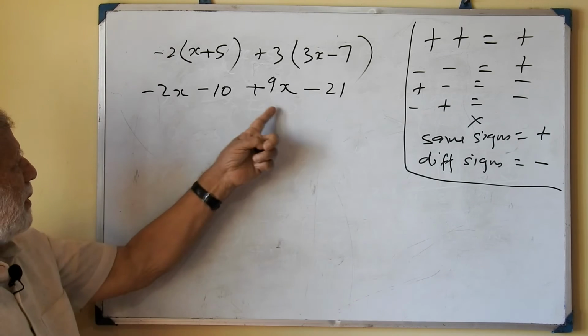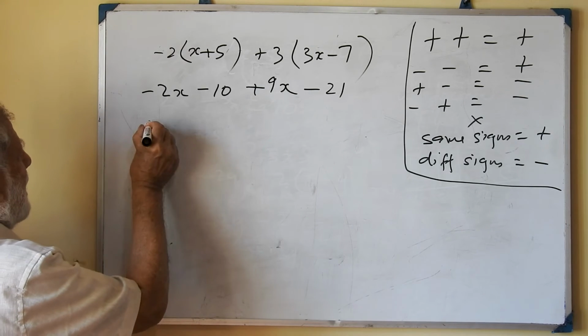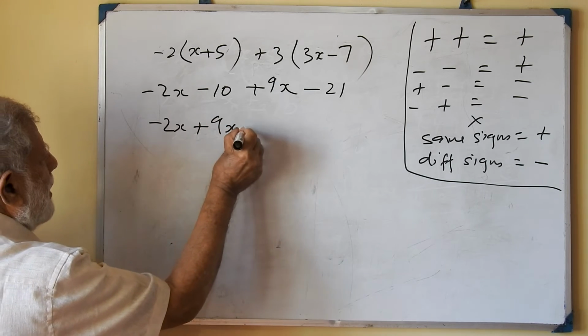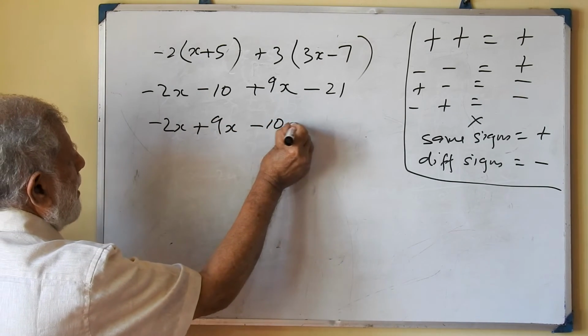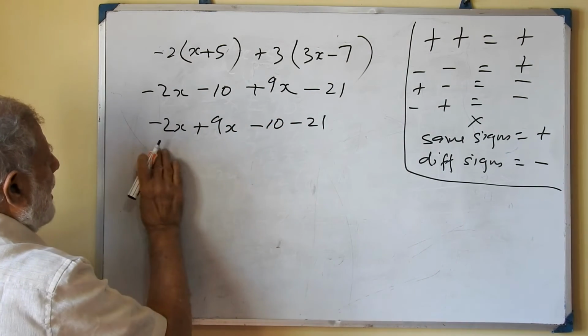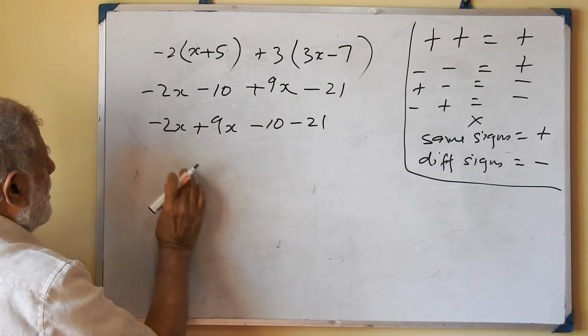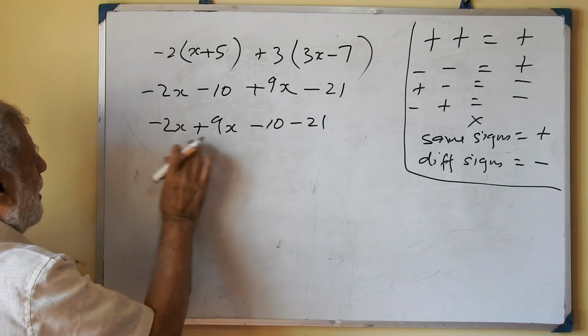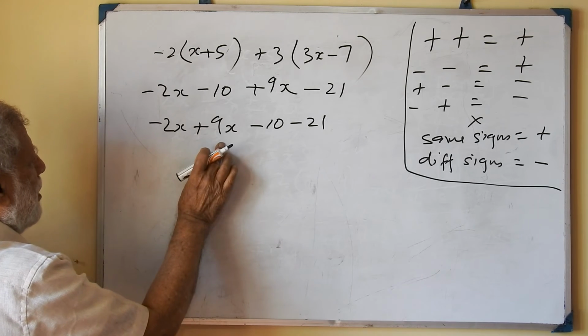Now here, the 2x and 9x, as some children like, they would like to write it separately. So we have x's, we have numbers. So minus 2x plus 9x. So plus is more. How much more? 7.